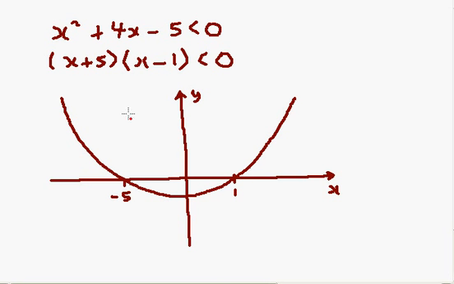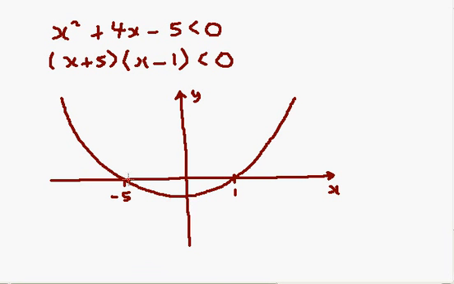So what you've got to imagine is that this is your parabola and this is the line y equals 0. So where is it below the line y equals 0? Well, that is here in this section where it drops below the x-axis, the line y equals 0.